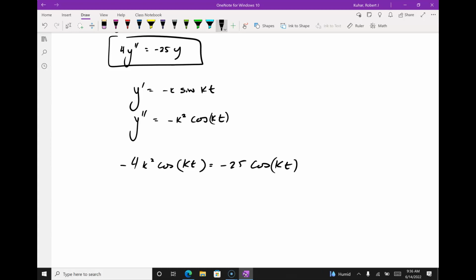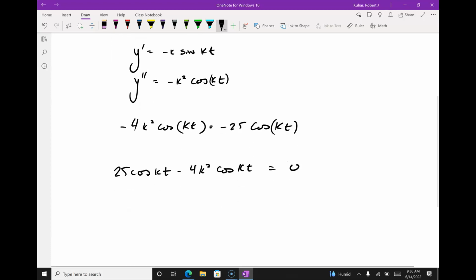So anyway, let me move everything to one side: 25 cos of kt minus 4 k squared cos of kt equals 0. I can definitely factor out my cos of kt, and I get 25 minus 4k squared.